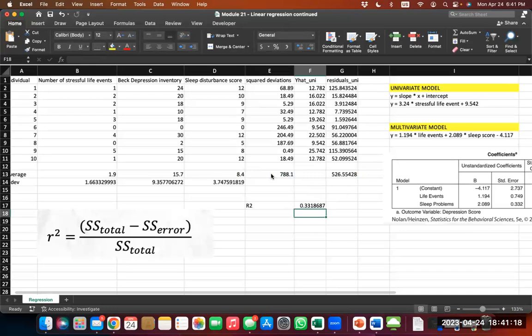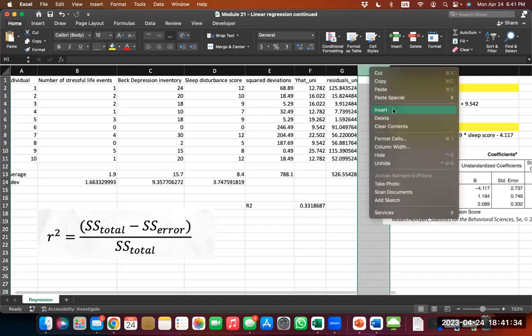And that's the 0.33 that we also quantified last time. So 33% of our total error is explained away by the univariate regression model.